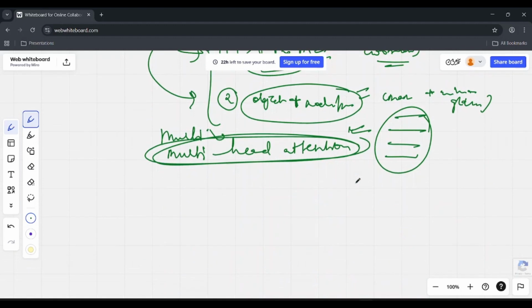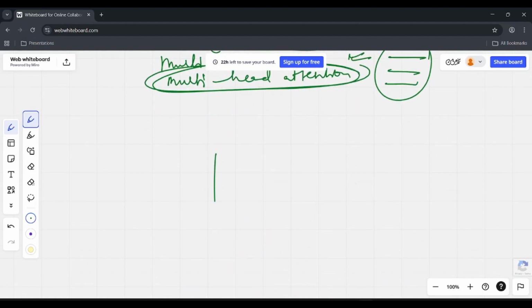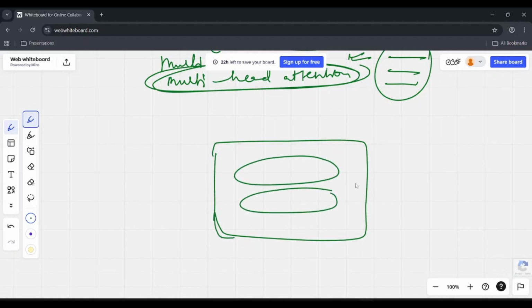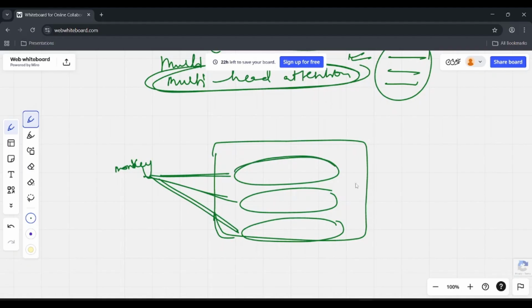And how does it look? It looks this way: this is your multi head attention where you have multiple self attention models. You provide input, and that input is your word embedding. Let's say monkey, then that word embedding will go into every self attention model because different aspects or different relationships will be captured.